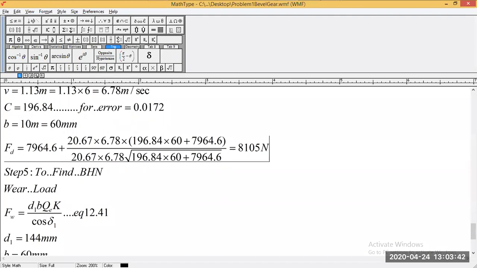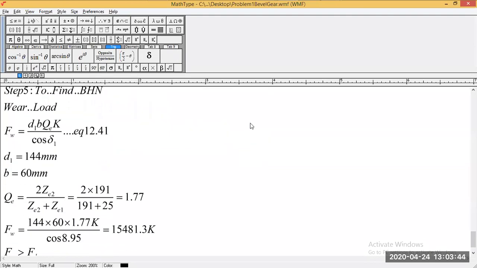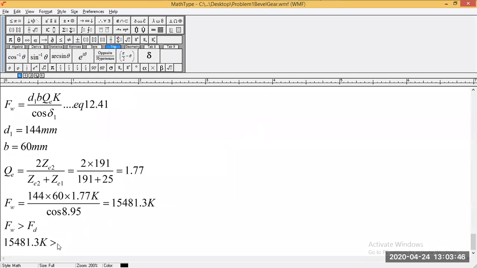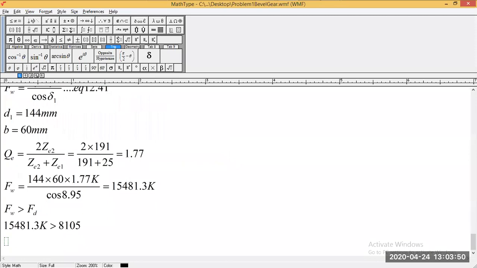Okay, so 8105. K here should be greater than 8105 over 1548.3. This is 0.5235. Right. So we have got K as 0.5235.